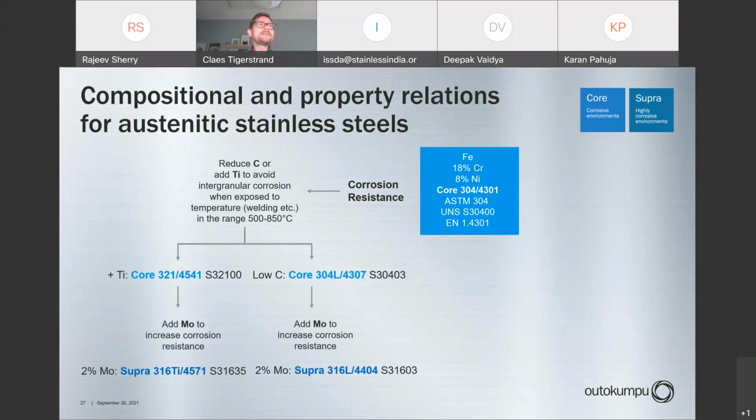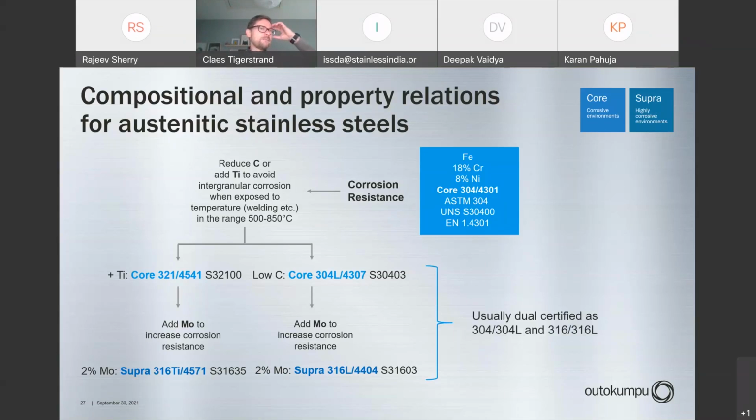And the same can be done also for the type 316: either you add titanium and you get the Supra 316 titanium, or you reduce the carbon content and you get the Supra 316L. But typically what we are offering, the right hand side there, is to lower the carbon content.